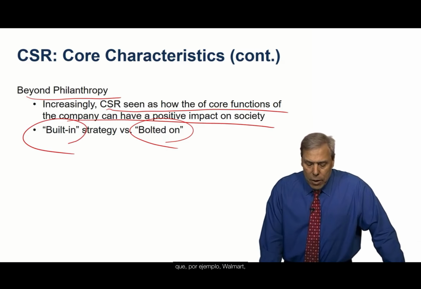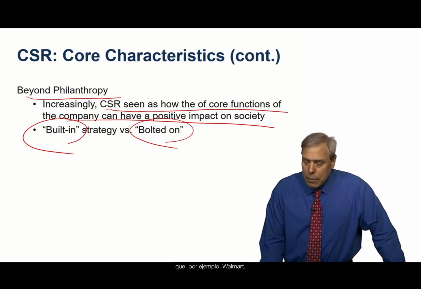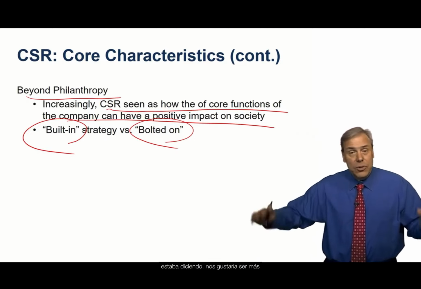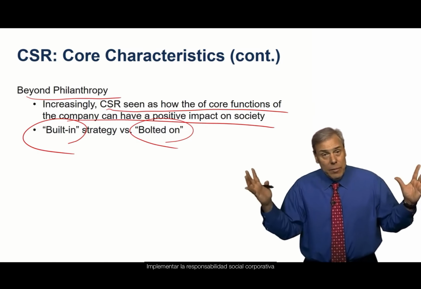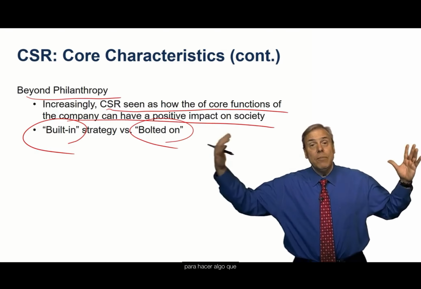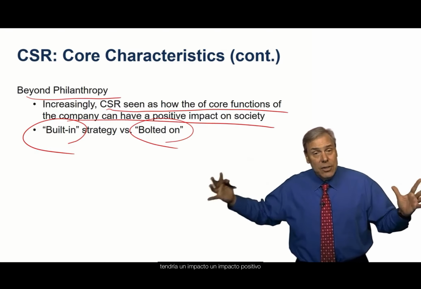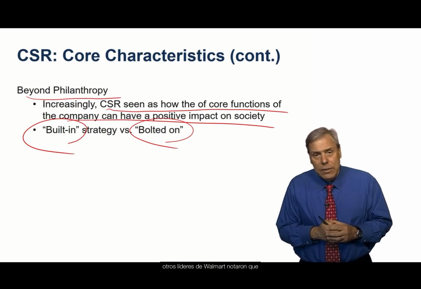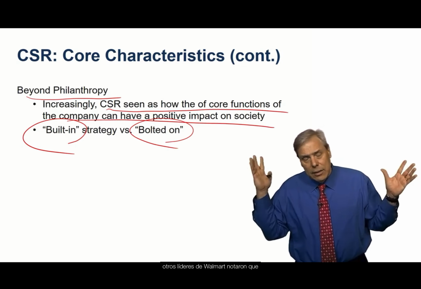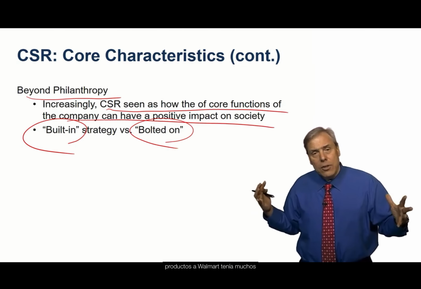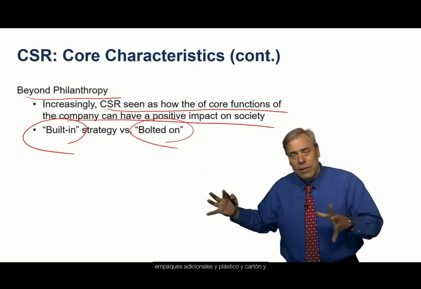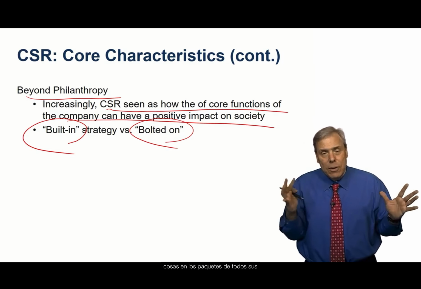For example, the CEO of Walmart was saying we'd like to be more sustainable. We'd like to implement corporate social responsibility, do something that would have a positive impact on society. And so the CEO and other leaders at Walmart noticed that a lot of the suppliers providing products to Walmart had a lot of extra packaging and plastic and cardboard in the packages of all their products.